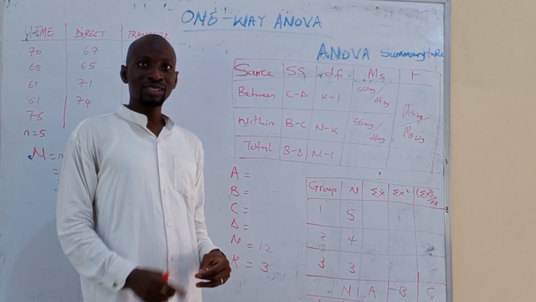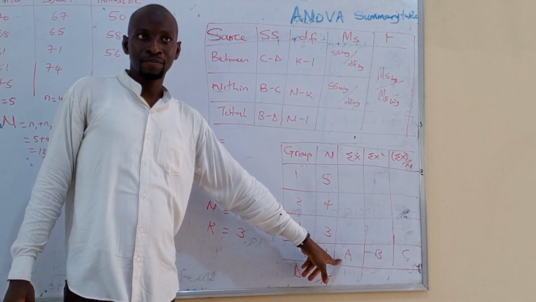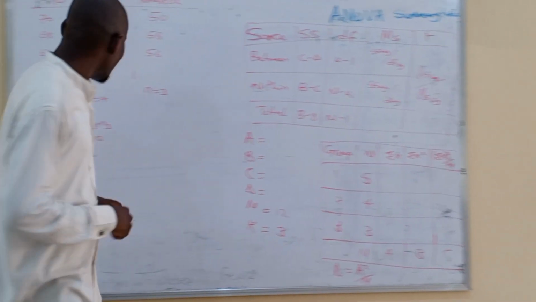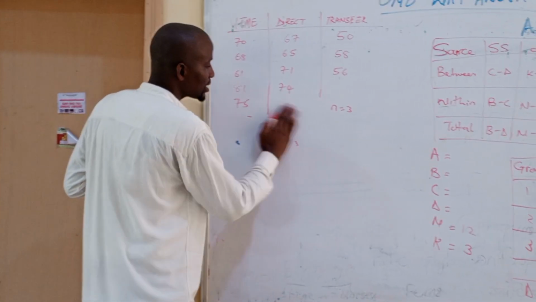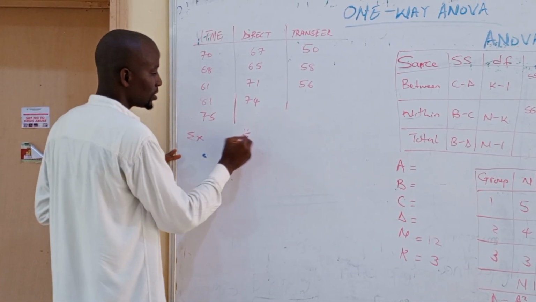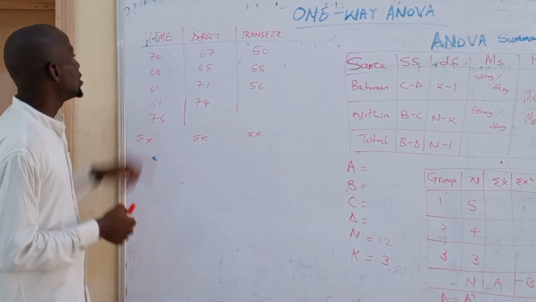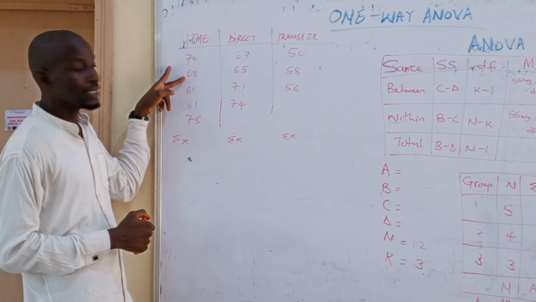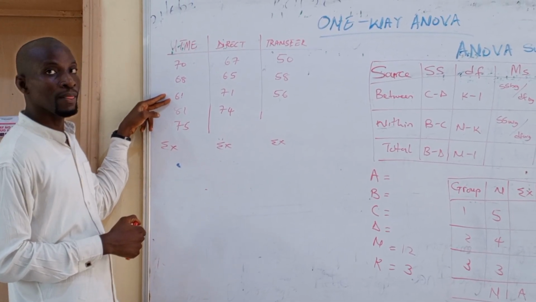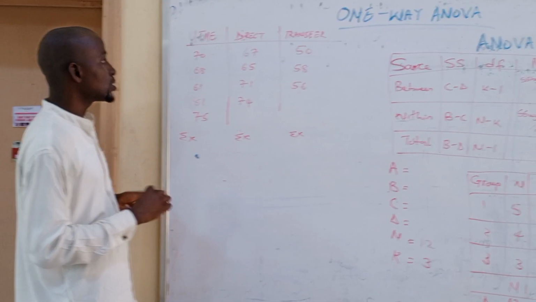When I say sum the sums, it implies that there is a grand sum, and that grand sum will give us our A. So without wasting much of our time, if we look at this now, our summation x for each of the groups, let us add 70 plus 68 plus 61 plus 81 plus 75. That will give you what?